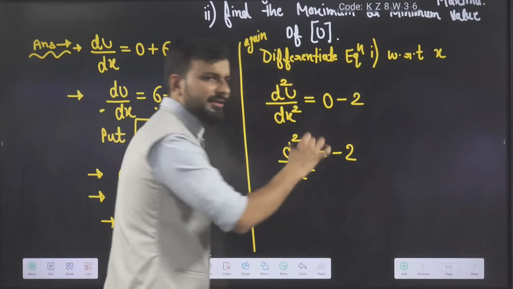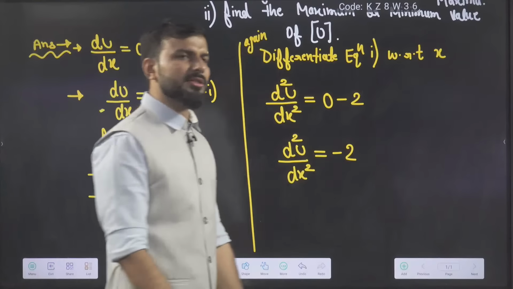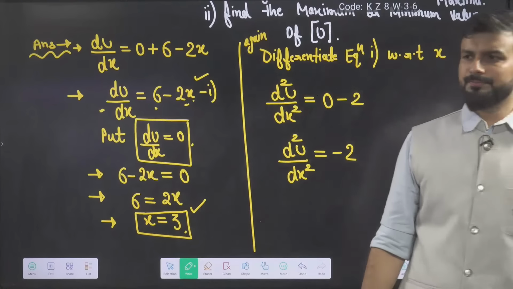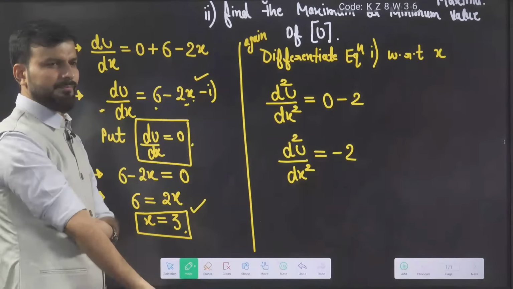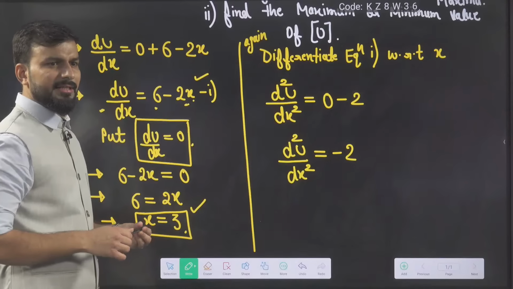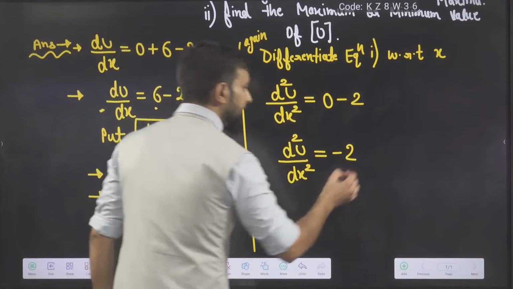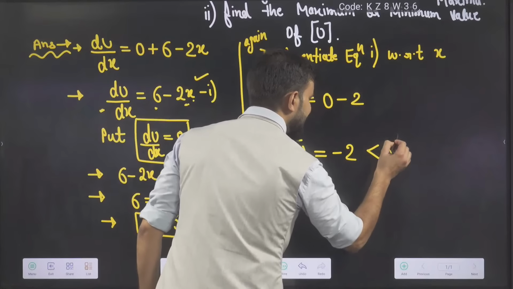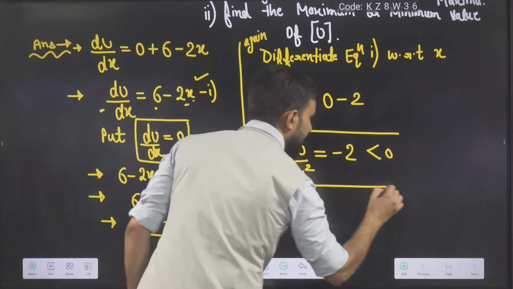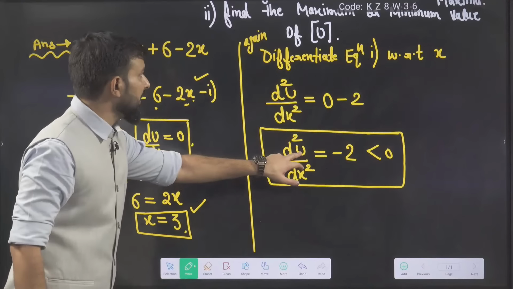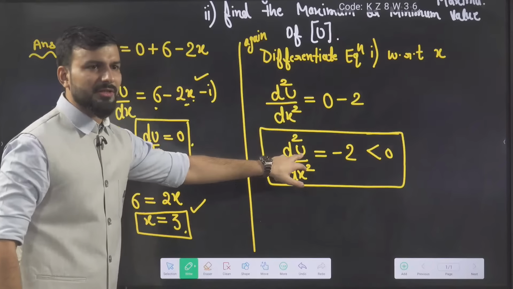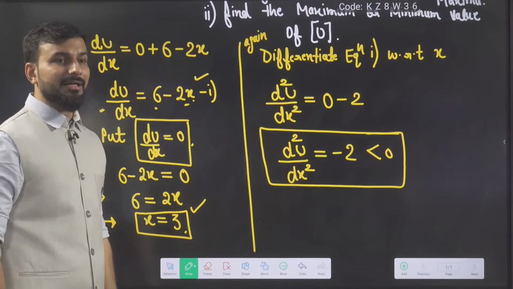Everyone tell me, minus 2 is greater than 0 or less than 0? So it is less than 0. When this situation happens, what will you conclude? This u function will have maximum value.